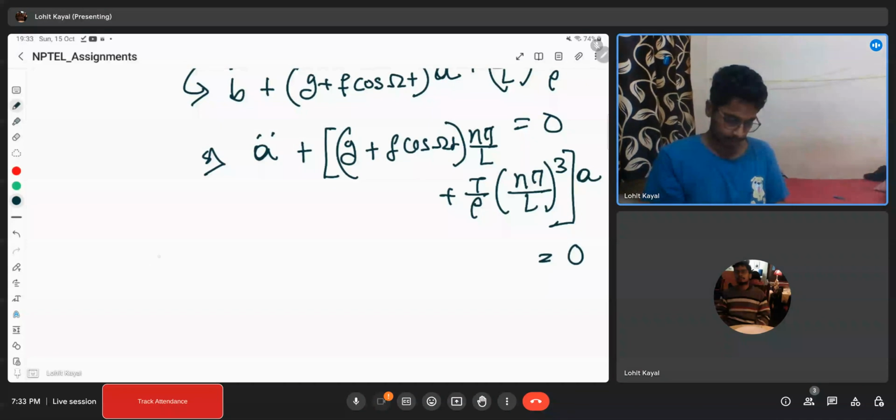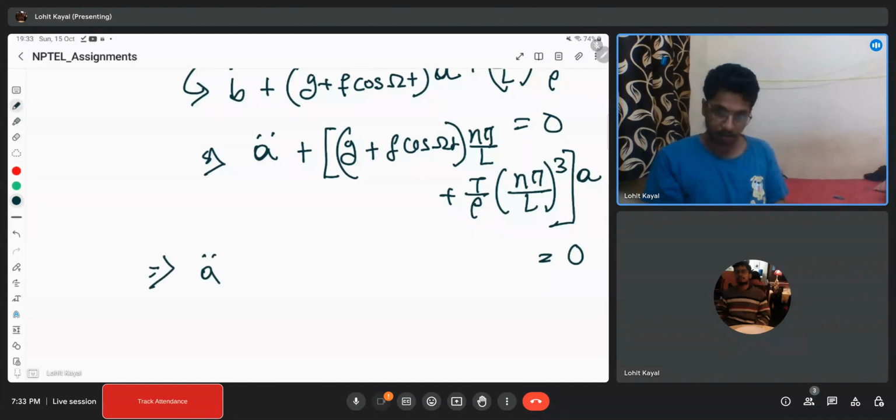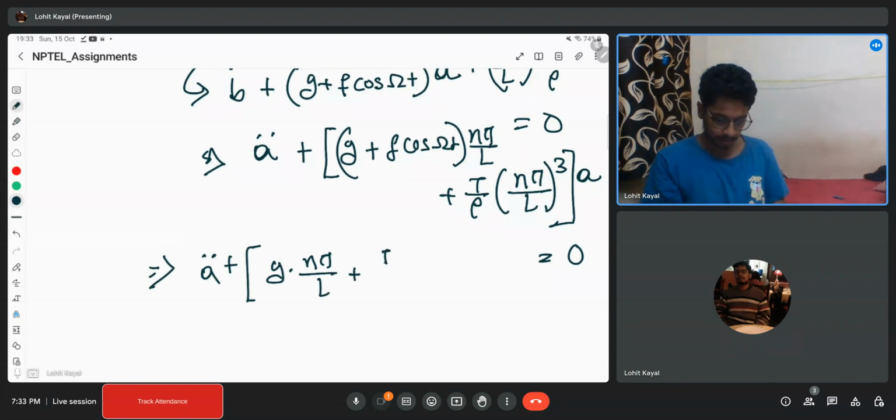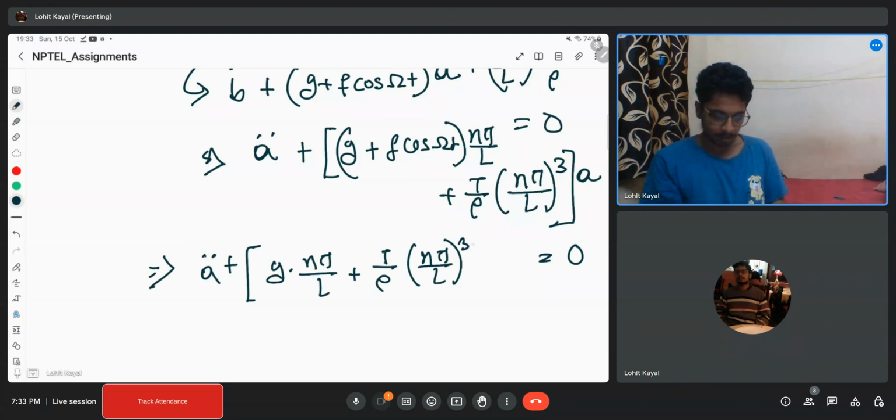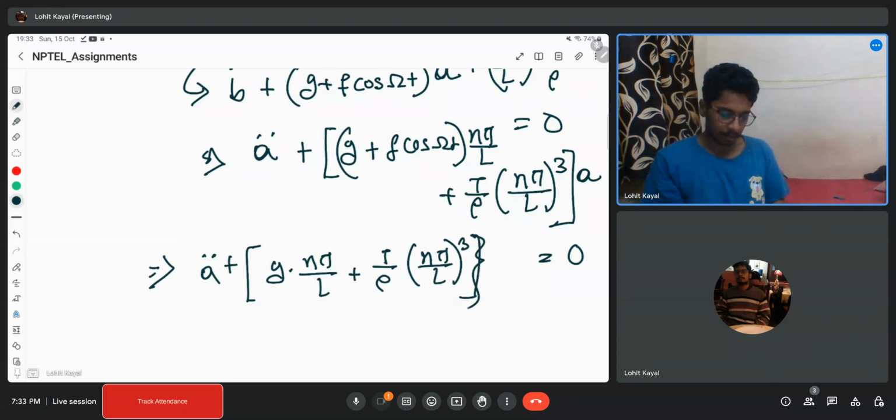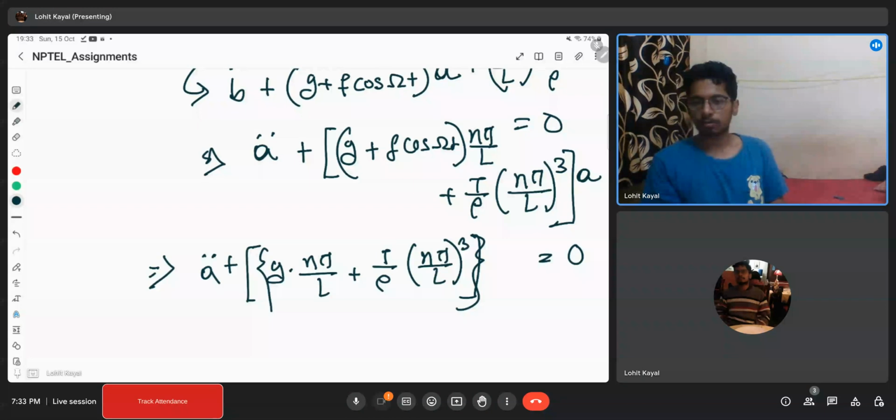So for that I will do this. A double dot plus G into n pi by L plus T by rho (n pi by L) whole cube. Is this form familiar to you? This is just gk plus Tk cube by rho.